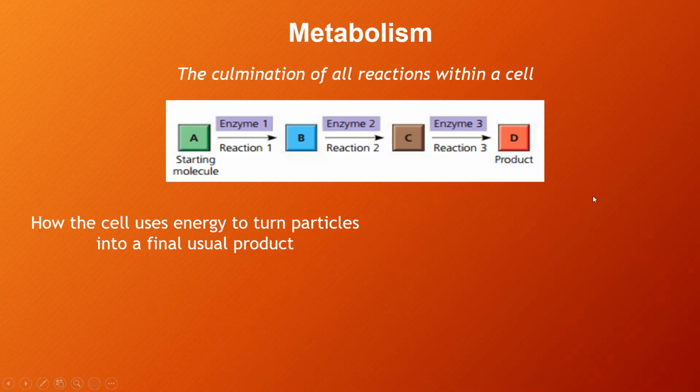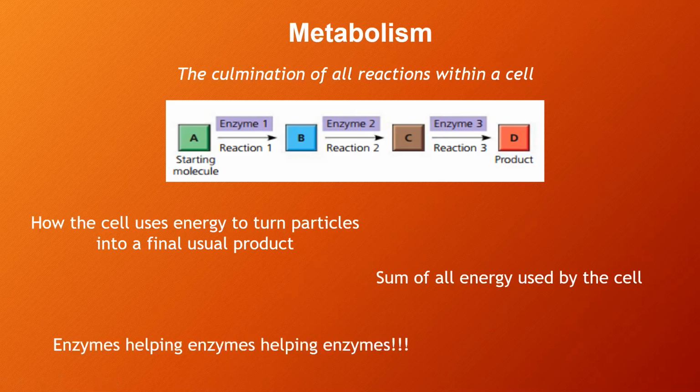And part of that is because of this metabolism, this constant cycle of energy and materials it needs to undergo these basic cell processes. And so, obviously metabolism is the sum of all energy used by cells. And enzymes are helping enzymes, which are helping enzymes. And so the body has to constantly produce these enzymes.